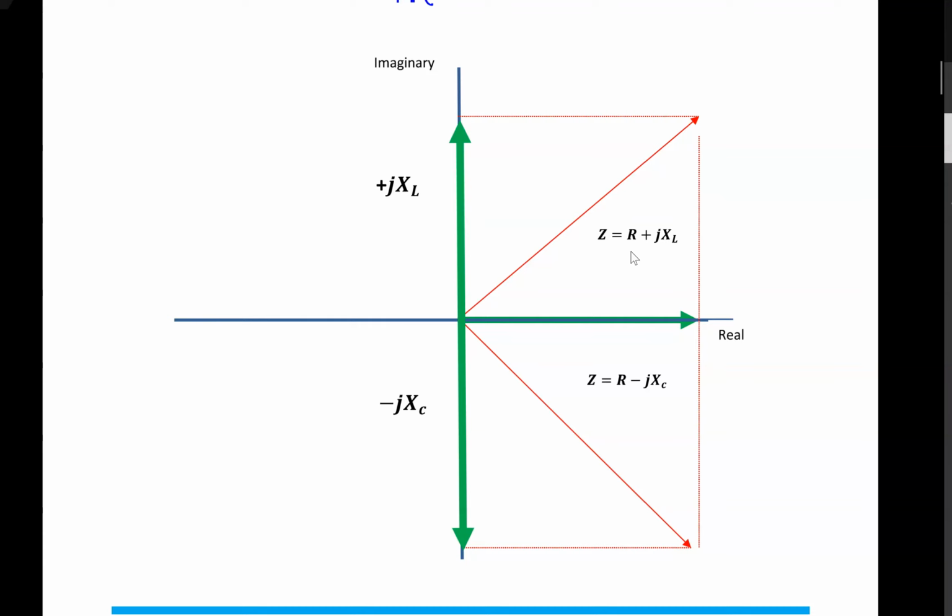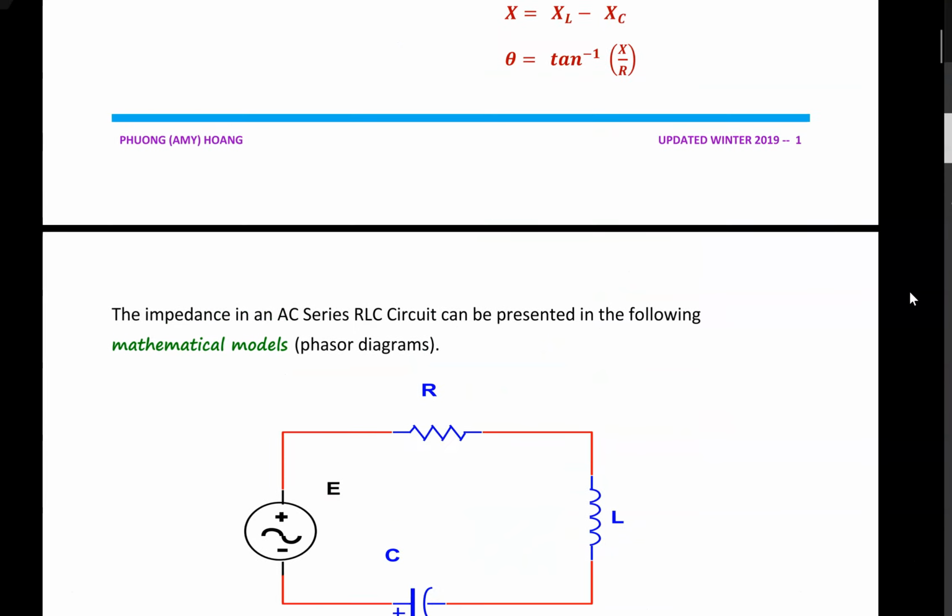Alright, so the real part of this complex number associates very closely with your resistor in this case. And the impedance is the resultant vector between the real part and your inductor and your capacitor.